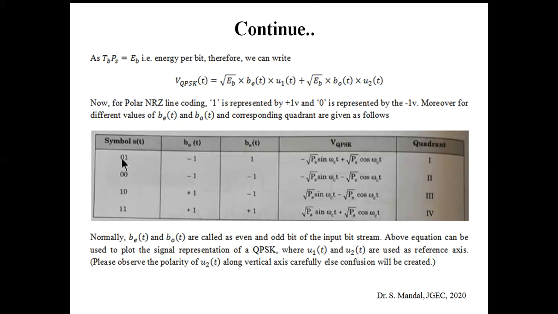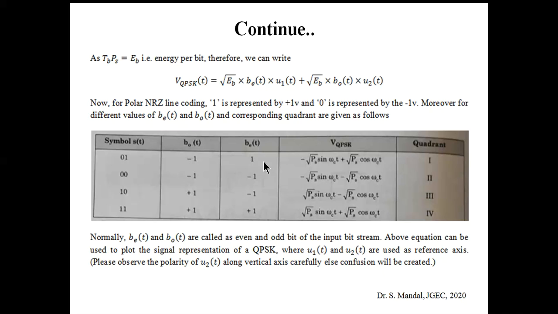So 0 is represented by minus 1 and 1 is represented by plus 1. The symbols can be given like this: 0 1 is minus 1 plus 1; 0 0 means both are minus 1; 1 0 is plus 1 minus 1; and 1 1 means both are plus 1. So for this case we can easily define the QPSK equation for each of the symbols, and for the respective symbol the corresponding equations are given like this.